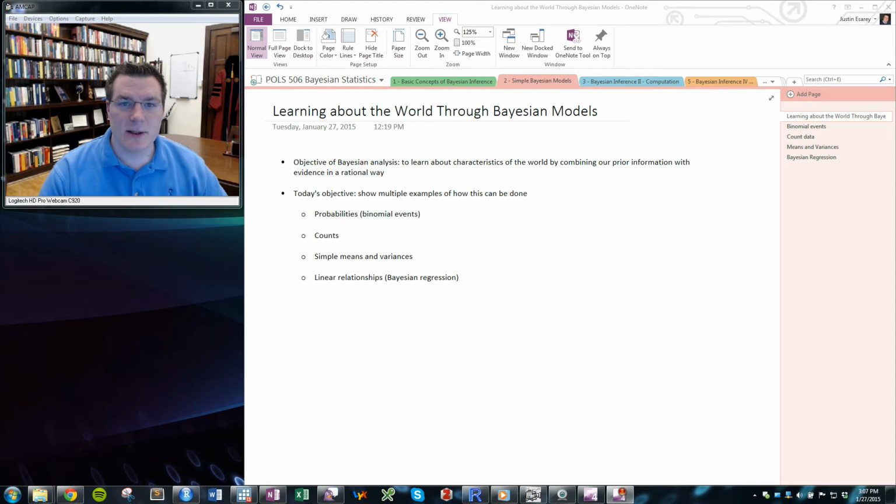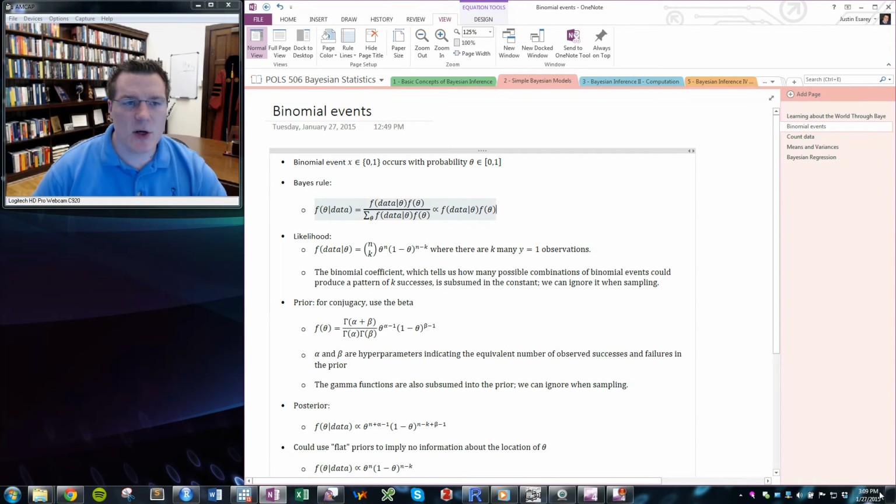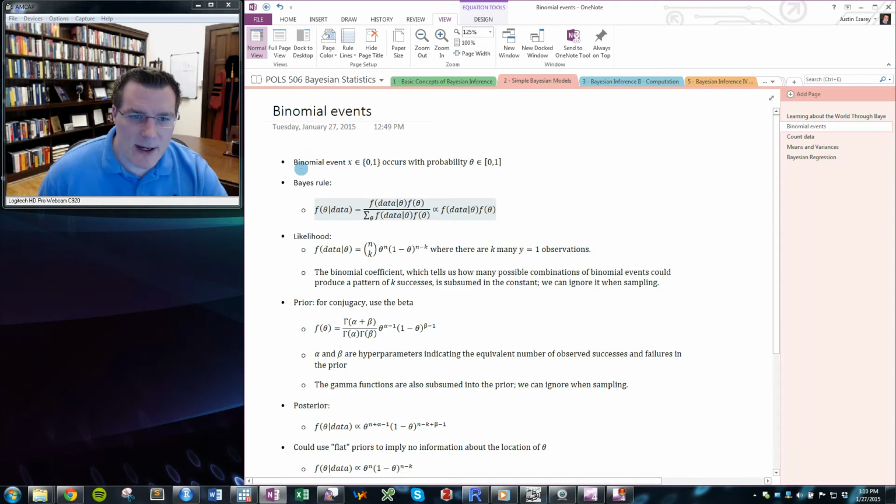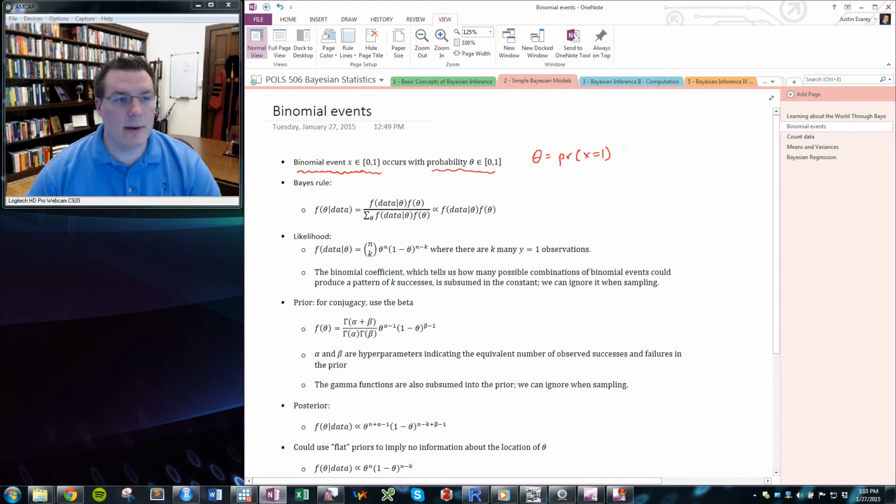So let's get started. All right, I'm going to start off talking about applying Bayesian models to binomial events. A binomial event is just an event, x, that's either 0 or 1, that occurs with some probability. Usually theta is thought of as Pr(x = 1), and that probability, by the laws of probability, has to be between 0 and 1.